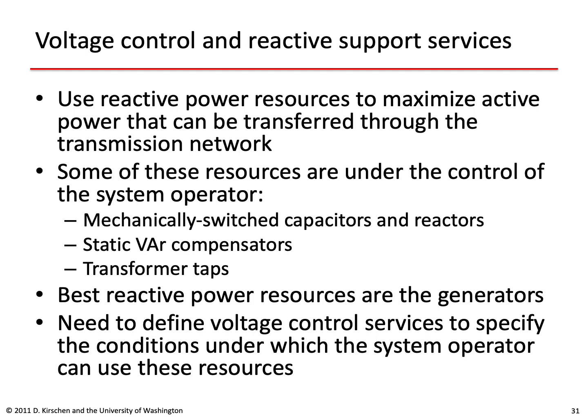So it's necessary to define some voltage control services that will help the operator maximize the transmission capacity in the system. But that means we need to define under what conditions these resources can be used by the system operator.